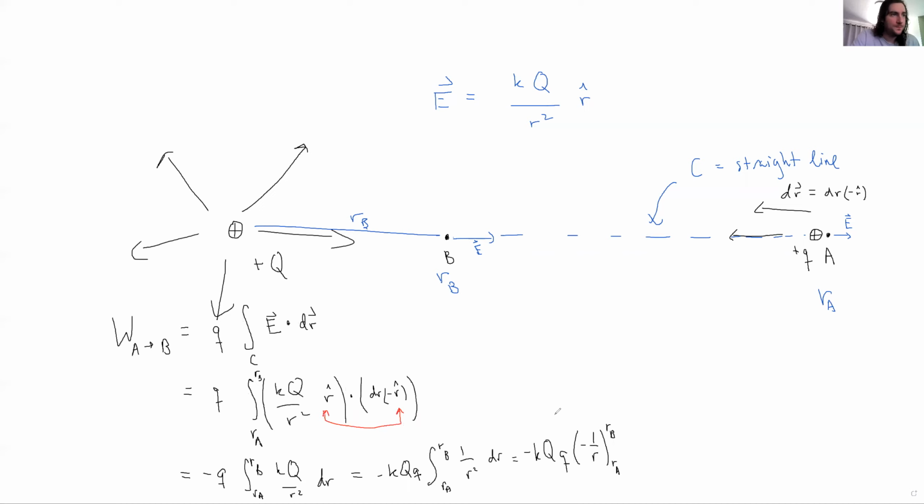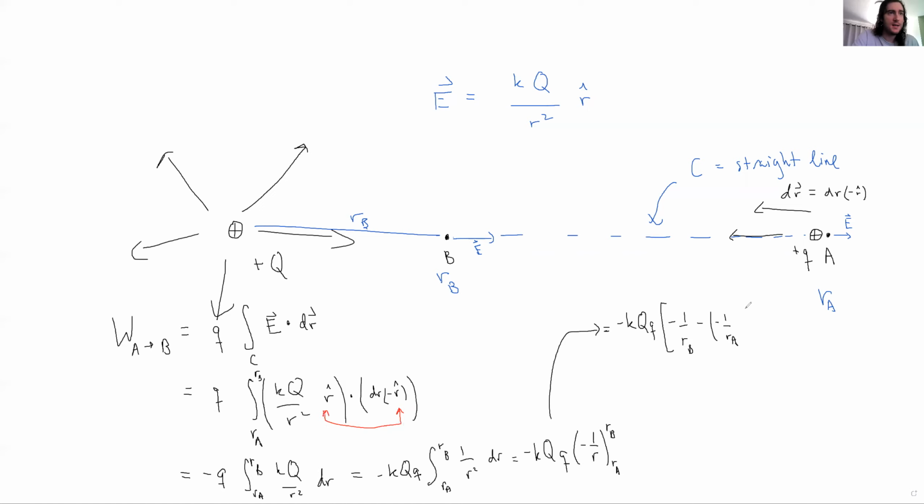Okay, so take a look here. This is equal to minus K big Q little q, and then we plug in minus 1 over RB minus negative 1 over RA.